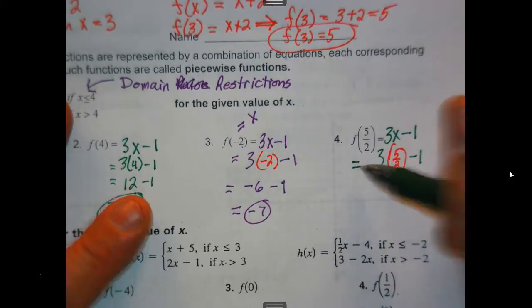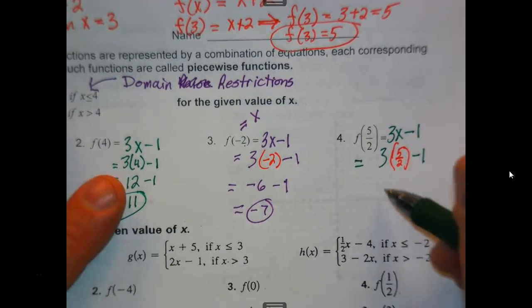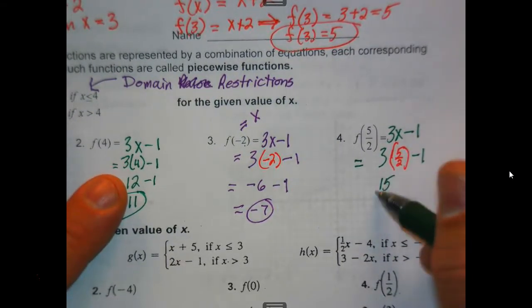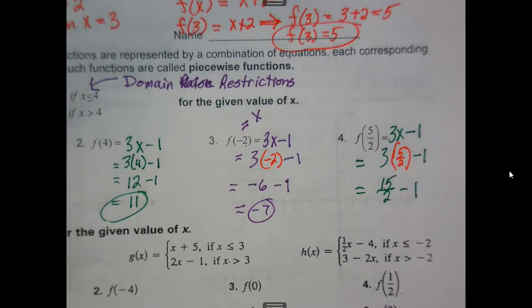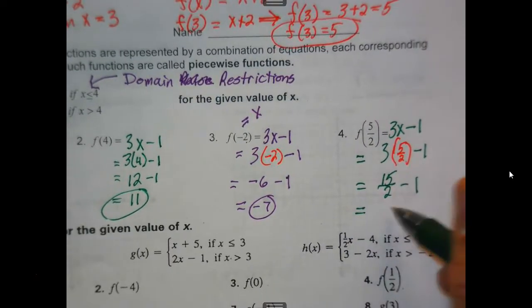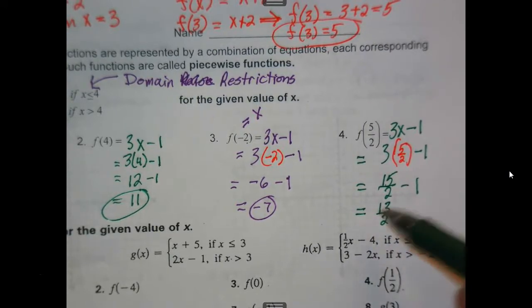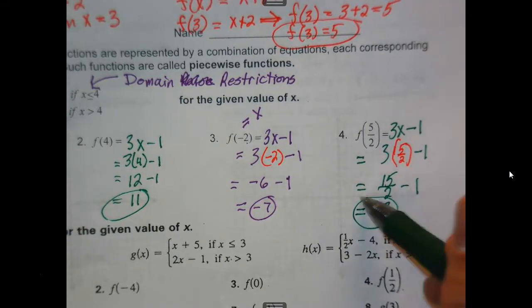Okay, 3 times 5 halves, 15 halves, minus 1. Okay, this is 7.5 minus 1 is 6.5 or 13 halves. I don't care what you use.